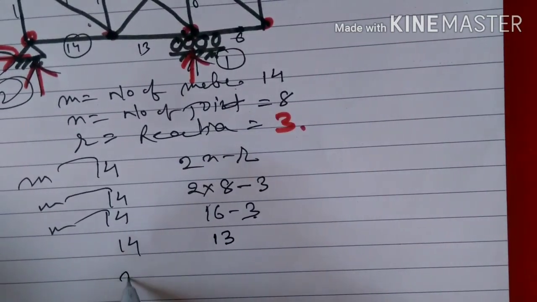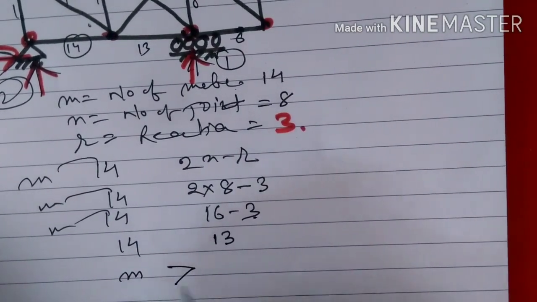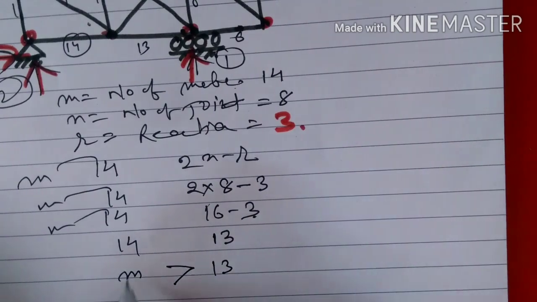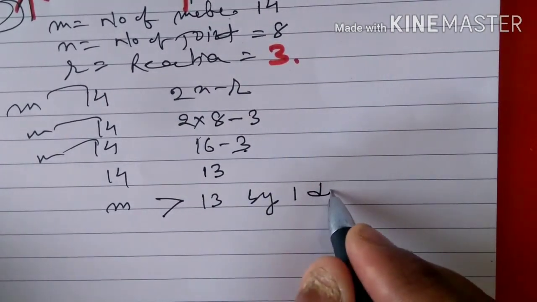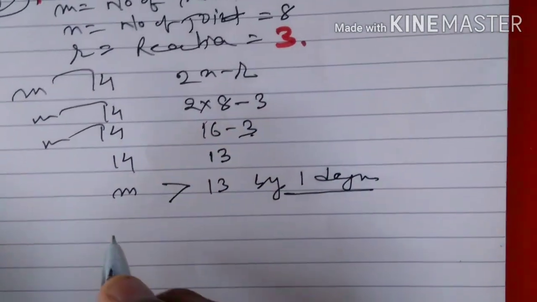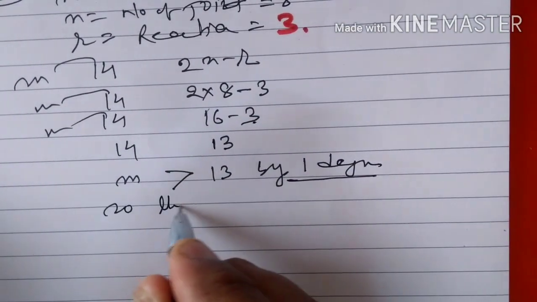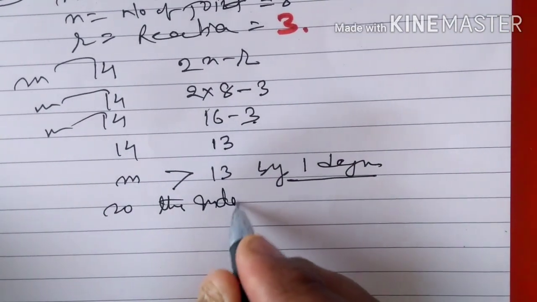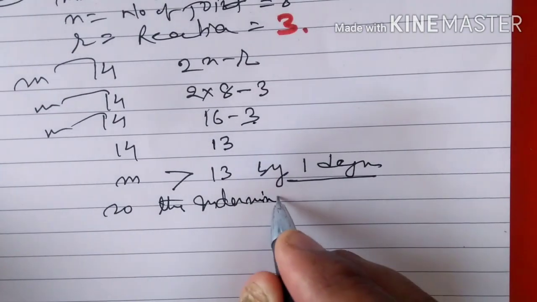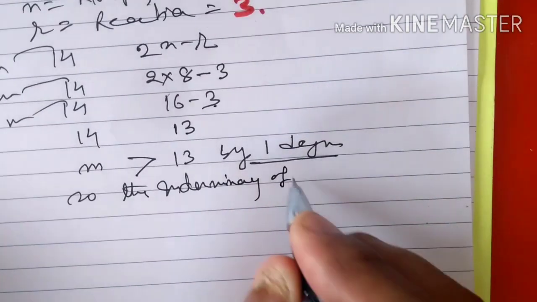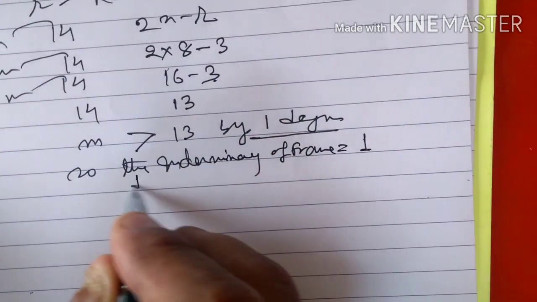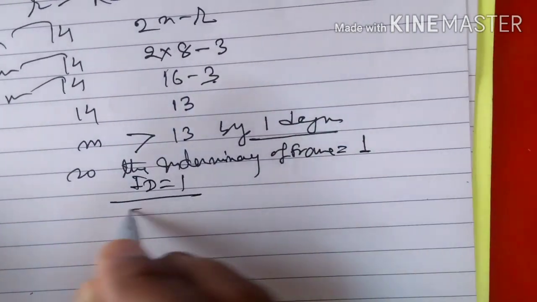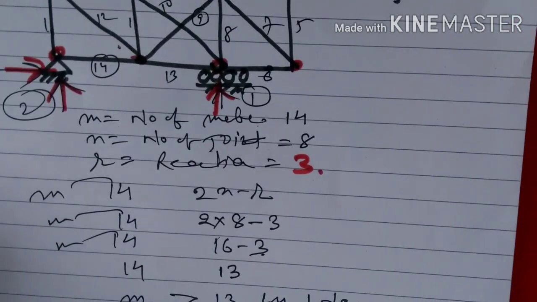So this M is greater than 13 by 1 degree. So the indeterminacy of the frame is equal to 1, and ID becomes 1 for this structure.